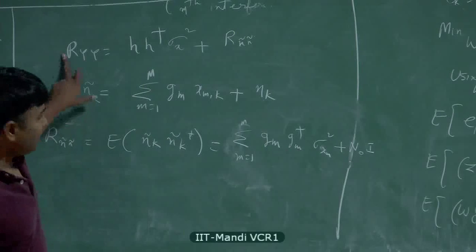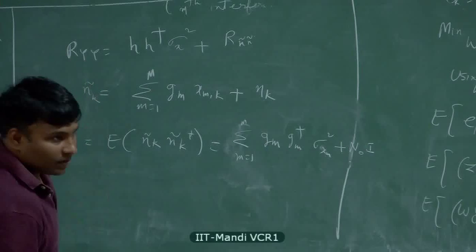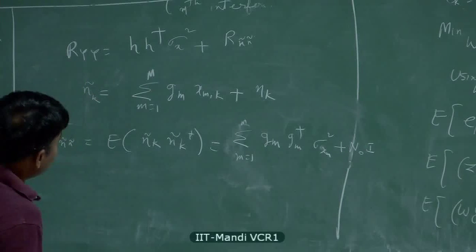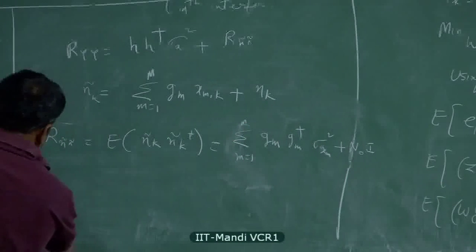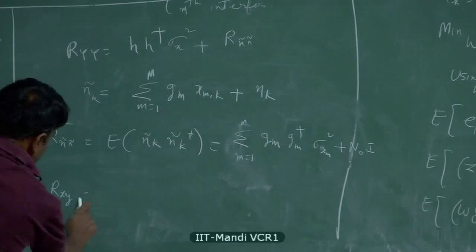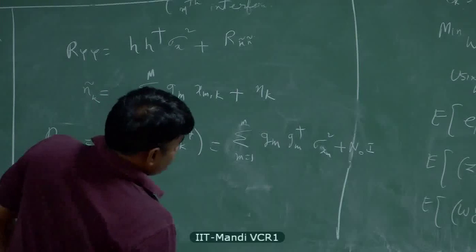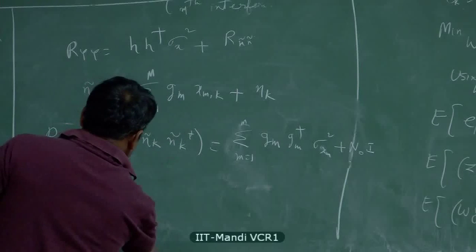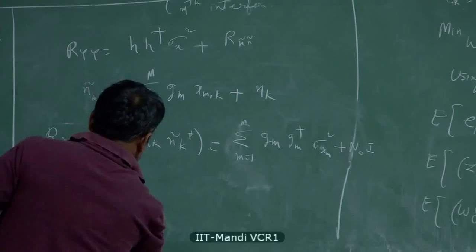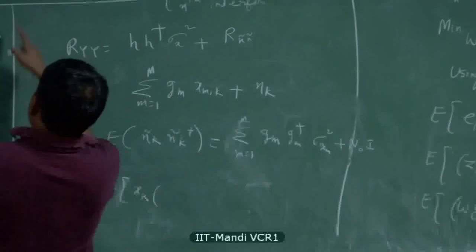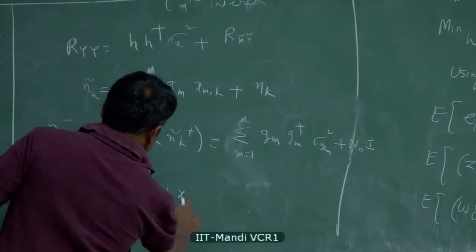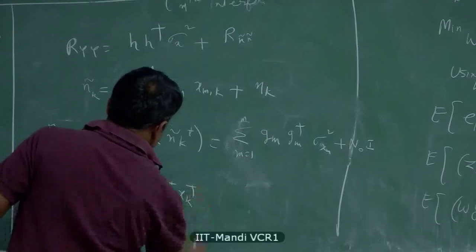So now we know RYY. Okay? So we know RYY and we need to know RXY. RXY is the expected value of xk and yk Hermitian. Yk is h times xk plus nk tilde, put a Hermitian on both.